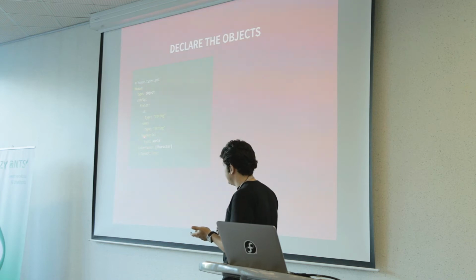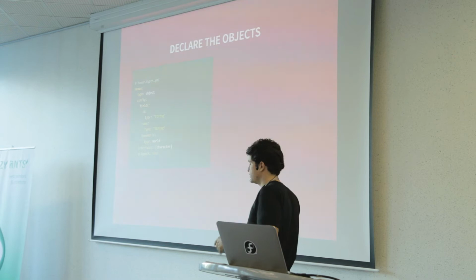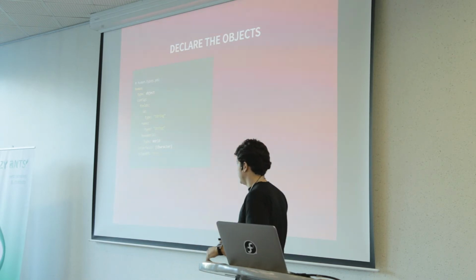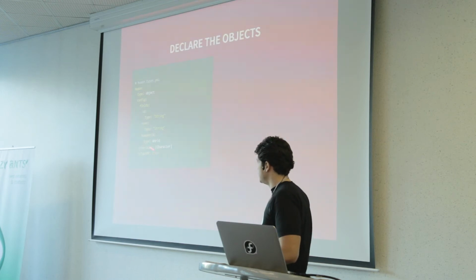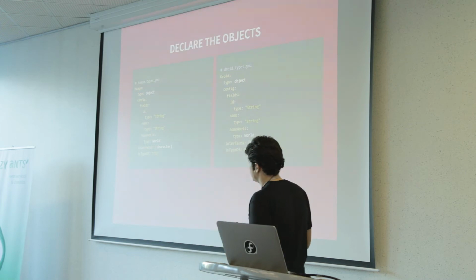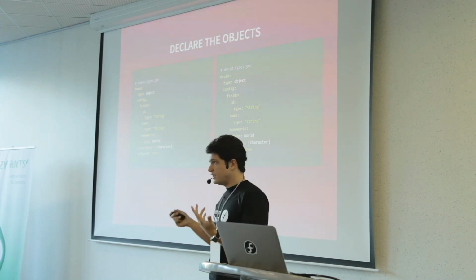We just added now homeworld because every human needs to have a homeworld, for example. And then the interface, which is the character, the interface we saw in the slide before. This type of is just to indicate human is inheriting from character. And this happens because, for example, we created the interface in this example because we have also droids.